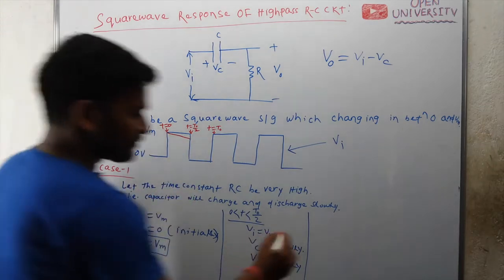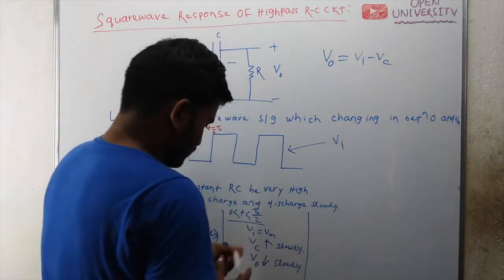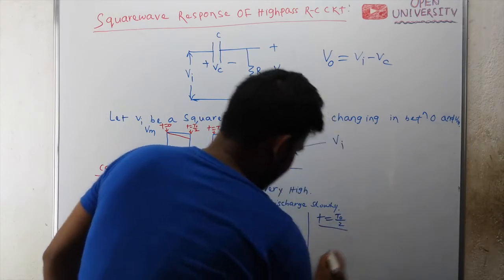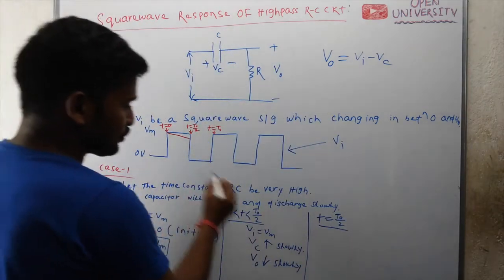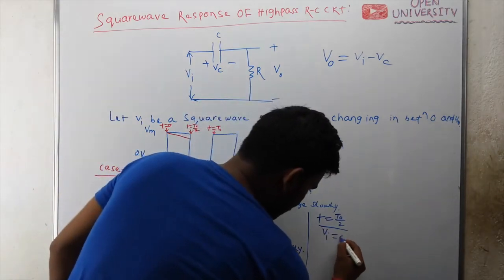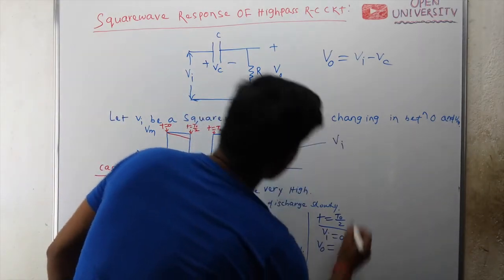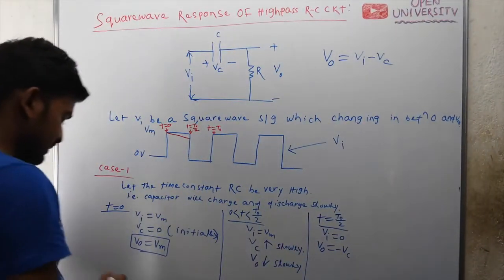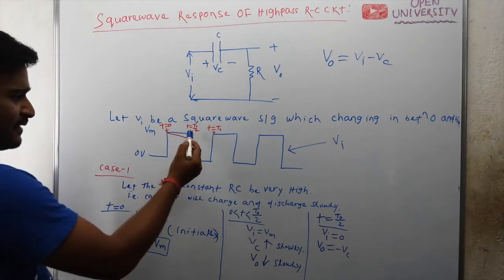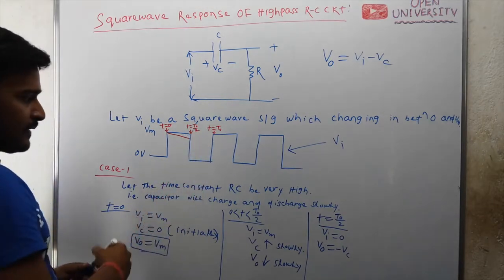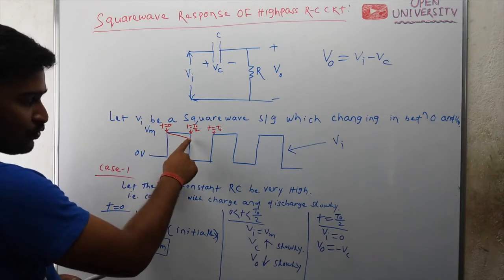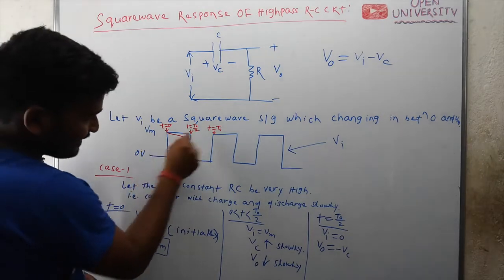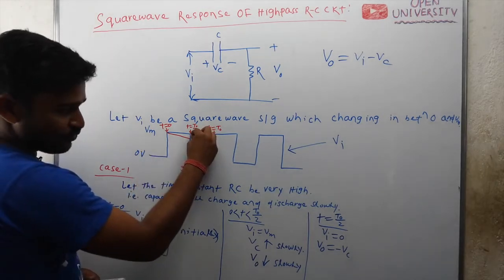At t equal to t0 by 2, what is the input voltage? Input voltage is 0. So what is the output voltage? If input voltage is 0, output voltage will be minus Vc. What is Vc? In this interval from 0 to t0 by 2, the capacitor will charge by this much amount. At this point the capacitor voltage will be this much amount.